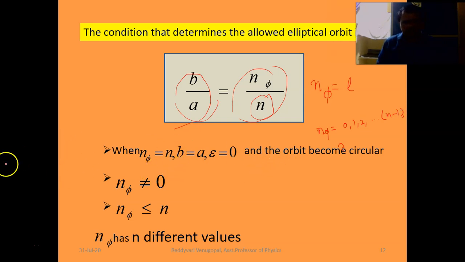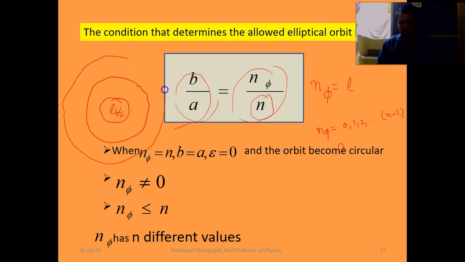For example, let us take one atom. This is the nucleus. Let us say this is the first orbit, and this is the second orbit. For the first orbit, n is equal to 1. That's why n phi will also be 1.